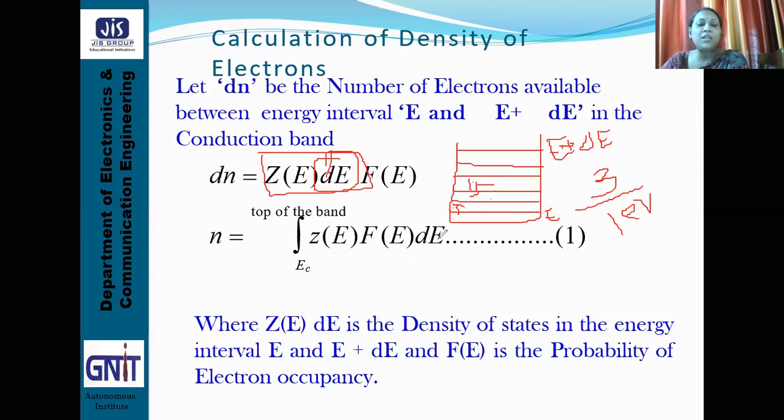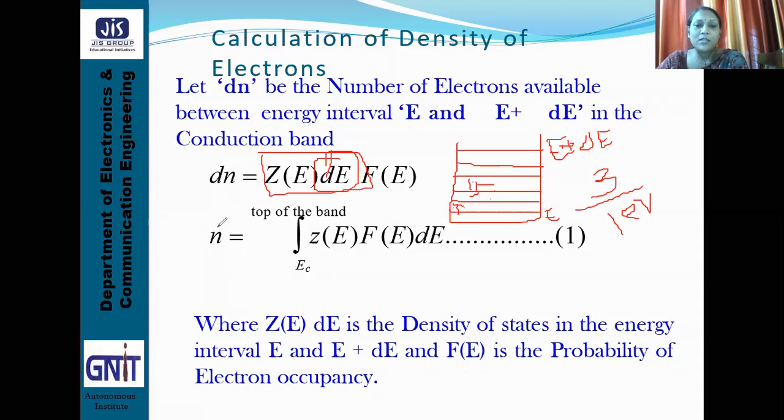So Z of E dE is the density of states, F of E is the Fermi energy distribution function, N is the total number of electrons available in the conduction band, whereas dn was the density of electrons available in the conduction band. So by putting the limit, we get the total number of electrons available in the conduction band.